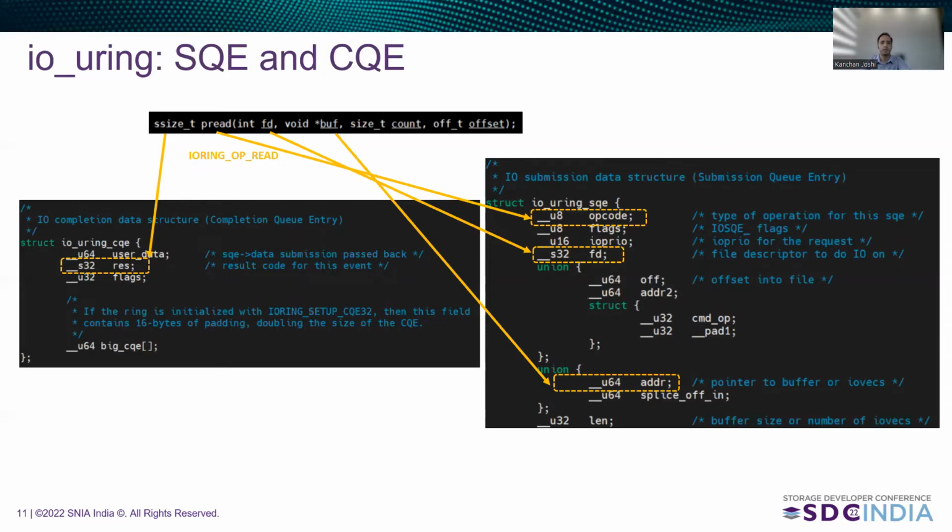The read operation is conveyed by the io_uring opcode, IORING_OP_READ, and that goes into the SQE opcode field, and other fields like FD and buffer address are also placed into respective fields of the SQE. For completion, pread returns the number of bytes read. And for io_uring, the application can get the same information by reading the result field of the CQE.